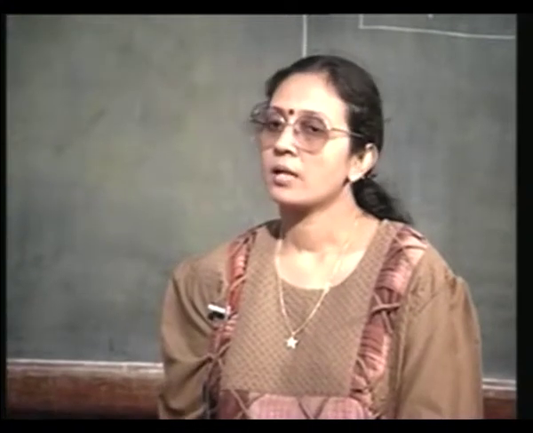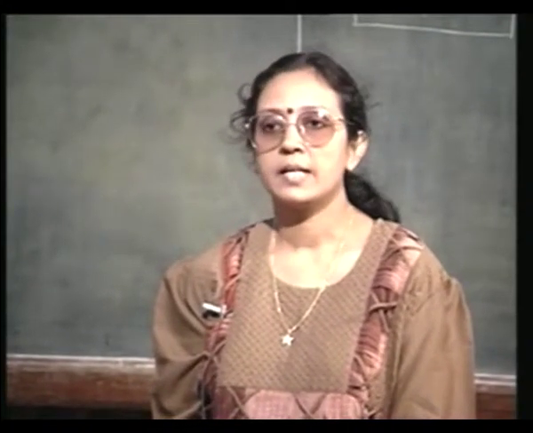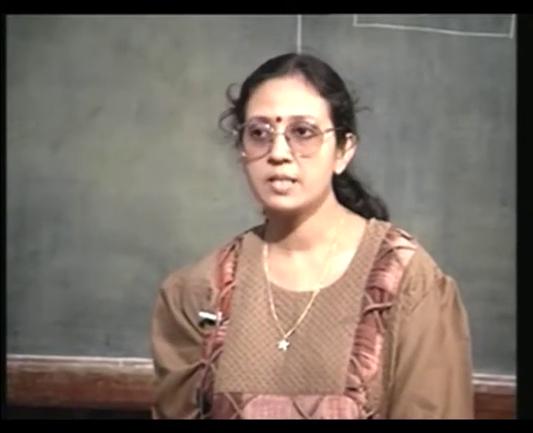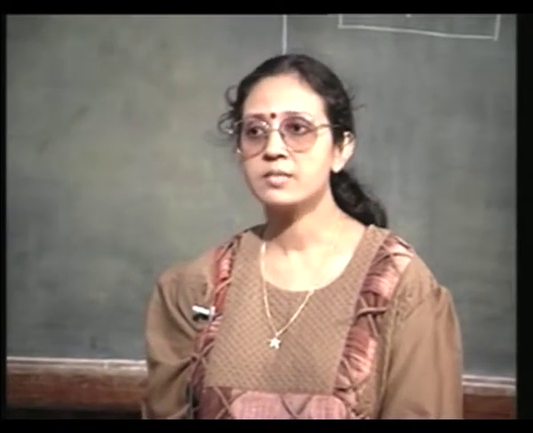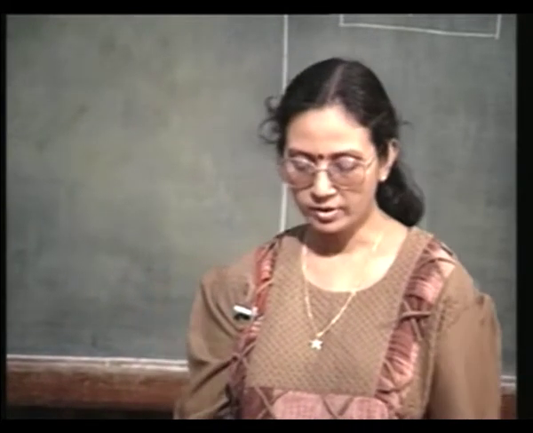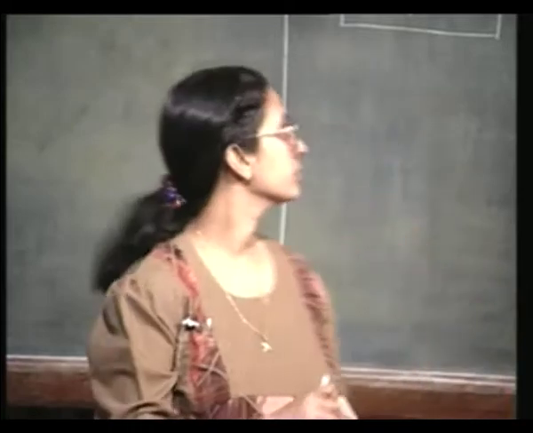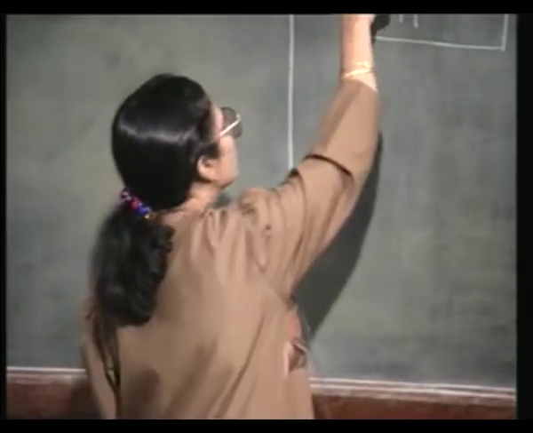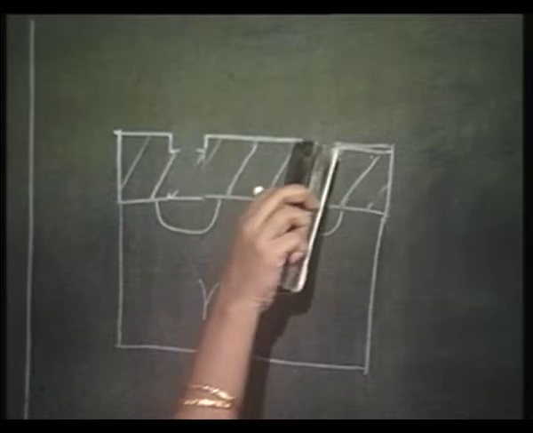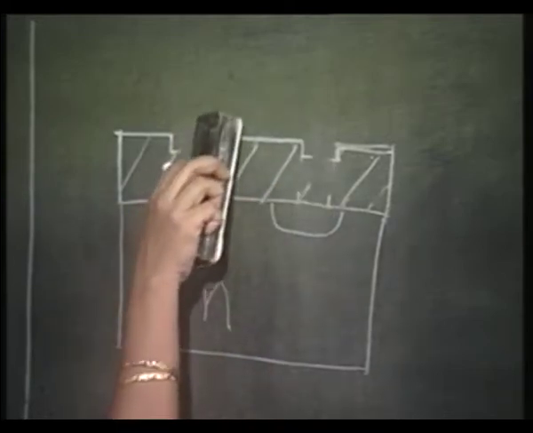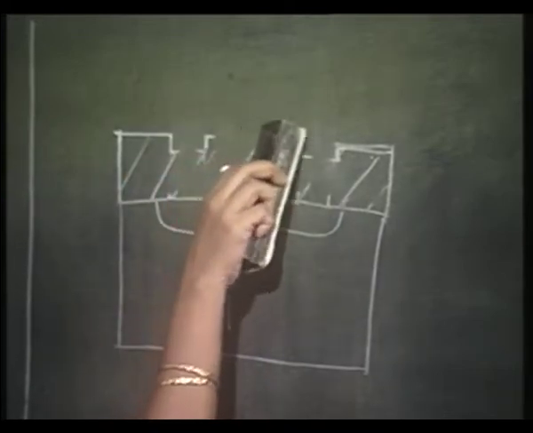Next step is the second lithographic step, the second masking step, that is for the gate and for the contact. So, you open something here and here.